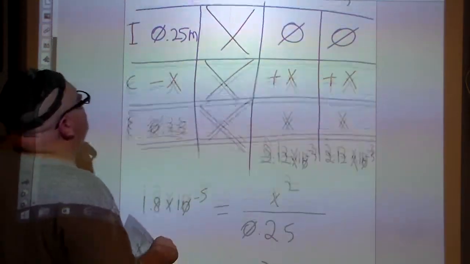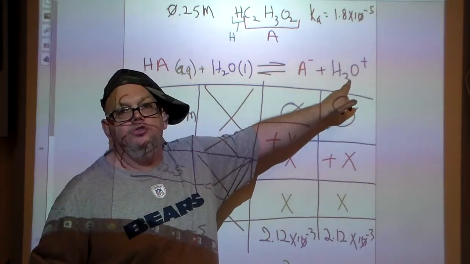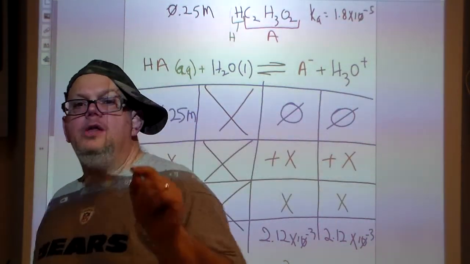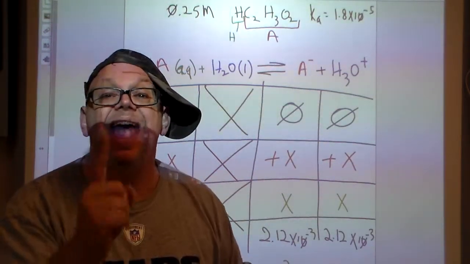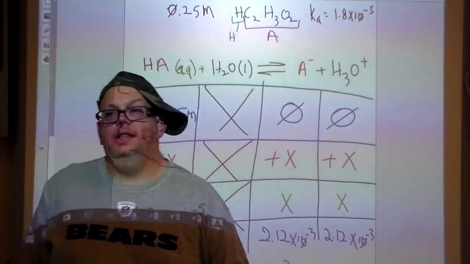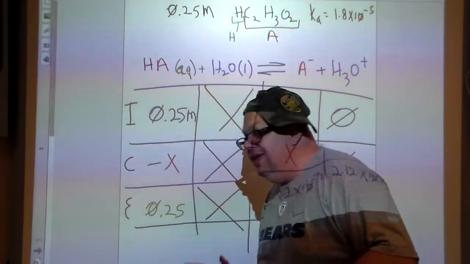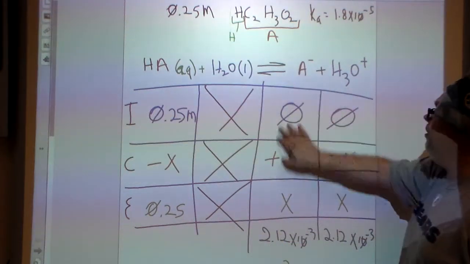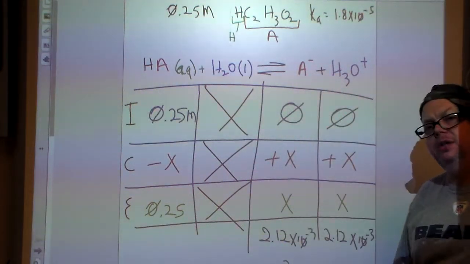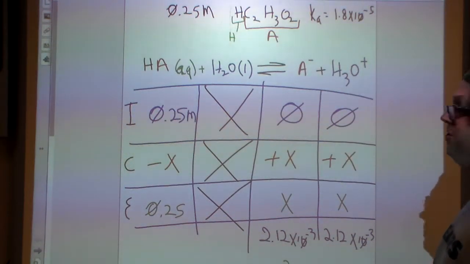Going back up here on the ICE table, we're looking at this equilibrium concentration because we're looking at the concentration of H3O+ ions for the pH. That's the key thing. We're looking at the equilibrium concentration of the H3O+. Am I worried about this one right now? No, not particularly. That's the one I'm really interested in.